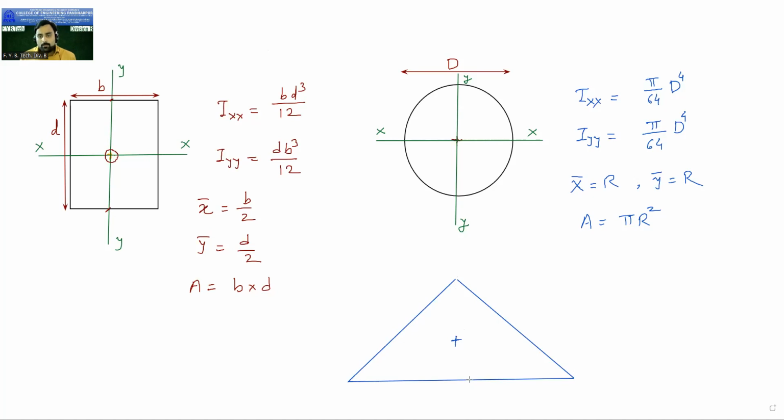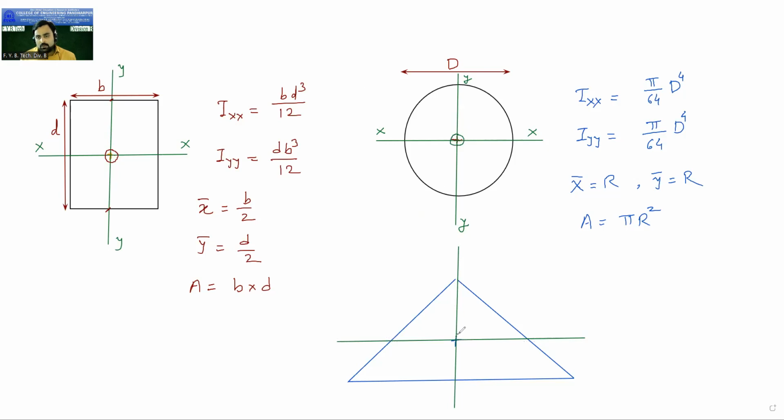This is our y-axis and this is the x-axis. Here is the centroid.